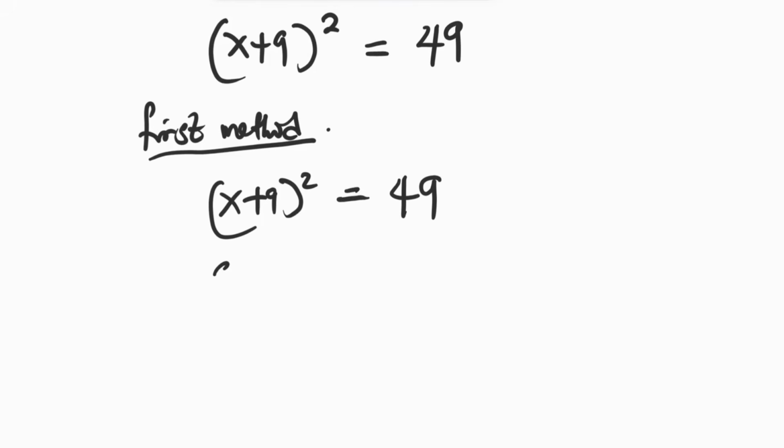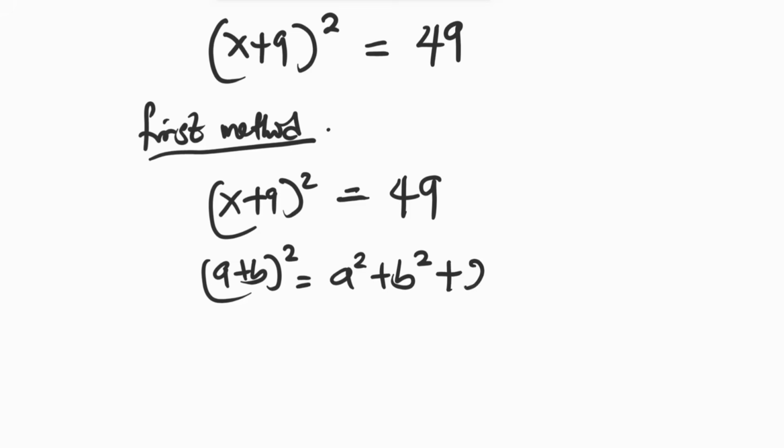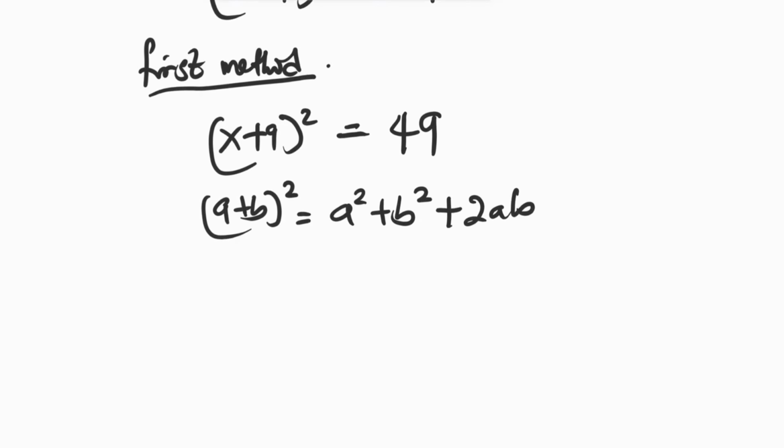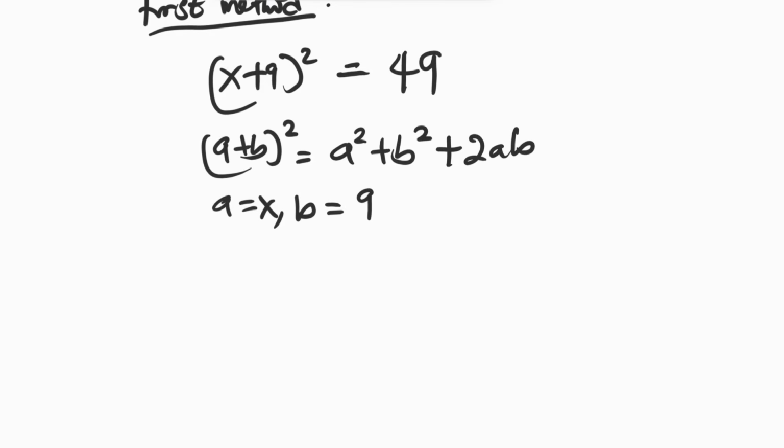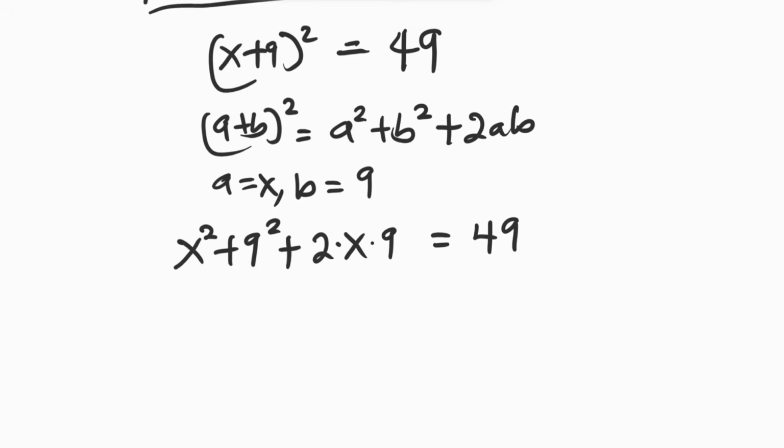Now (x + 9) squared is in the form of (a + b) all squared, which is equal to a squared plus b squared plus 2ab. In this case, our a is x and our b is 9. So now what we have becomes x squared plus 9 squared plus 2 times x times 9, all equal to 49.